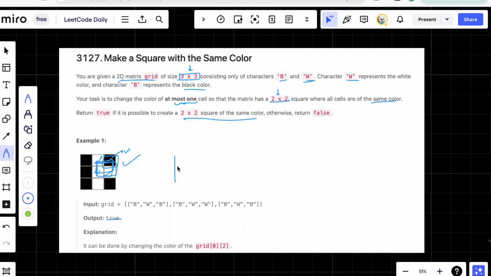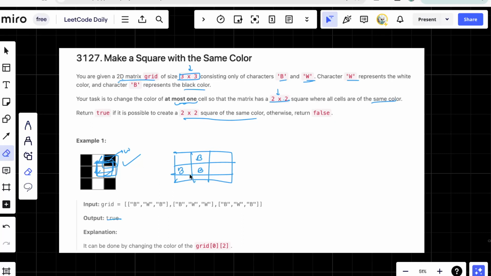Now let us suppose in the second test case, I haven't taken it here, but this was black, this was black, this was black, I guess. Okay, this was in black. It was something like this, black and black. Now this is white, white, white, white, white. Now no matter which one you try to locate here, you'll have to change at least two cells, right?